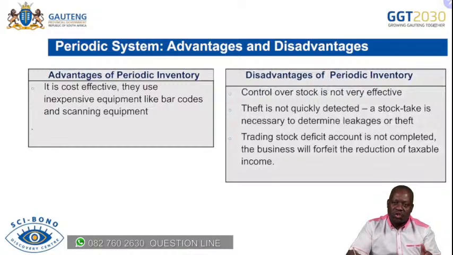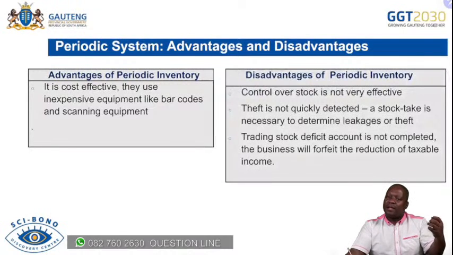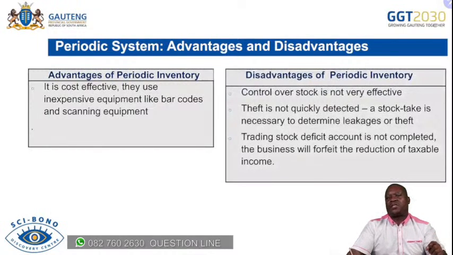But is it true? There are some items that have not been sold, but have been stolen. If you are using the other method, you can say, I have a trading stock deficit of 20,000. Therefore, for tax purposes, I can put that in as an expense, a verifiable one, unlike with this method.